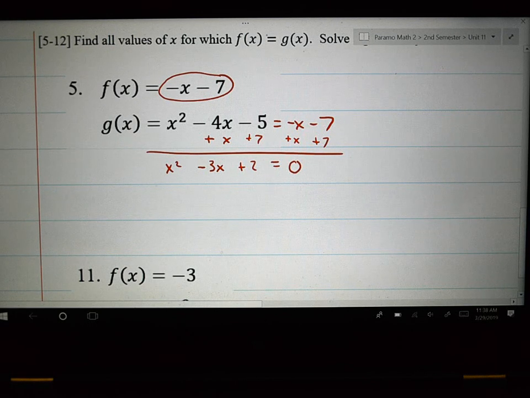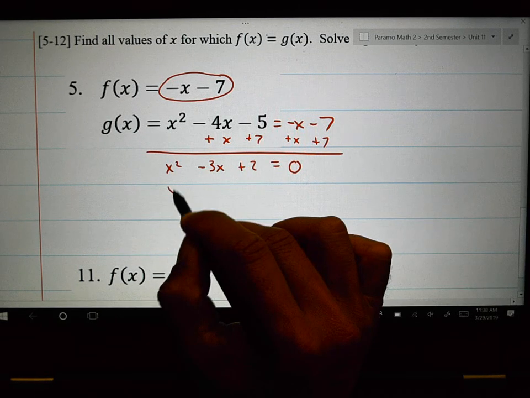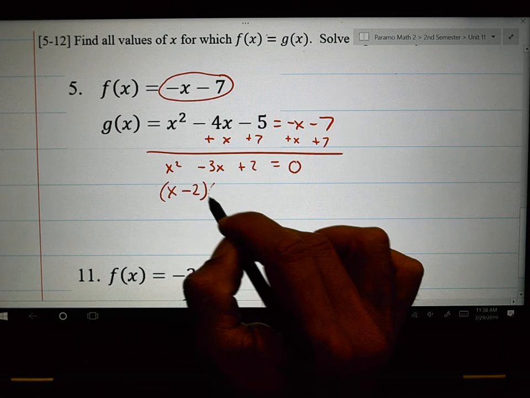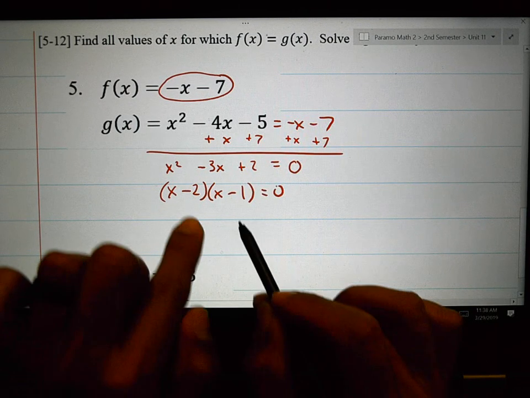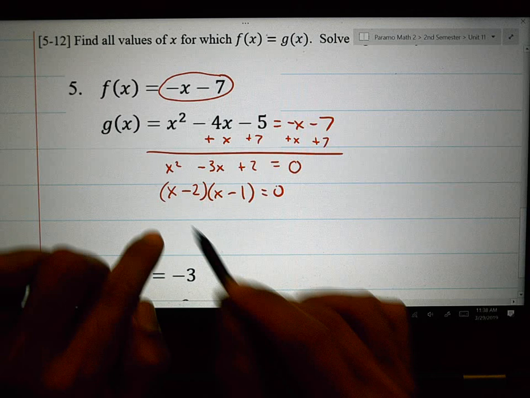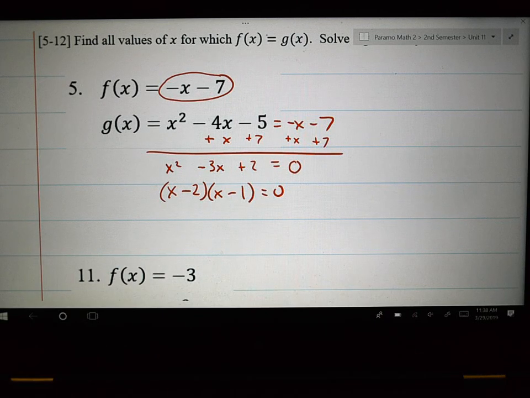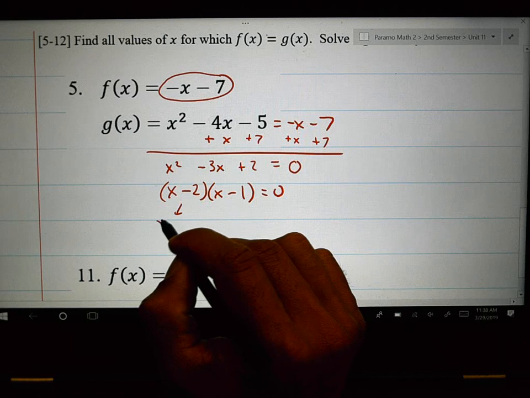I have a choice. I can complete the square. I can use the quadratic formula. Or if it factors easily, maybe I should just factor it, because sometimes factoring makes things go a lot faster. That multiplies to be a positive 2. It adds negative 1x, negative 2x makes negative 3x. And then you can find your two solutions.